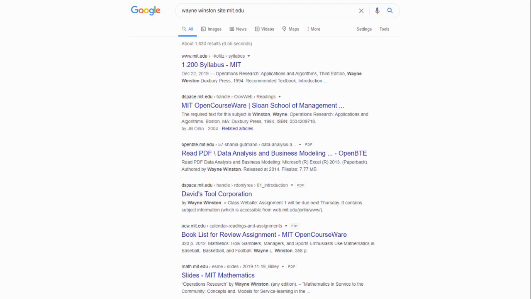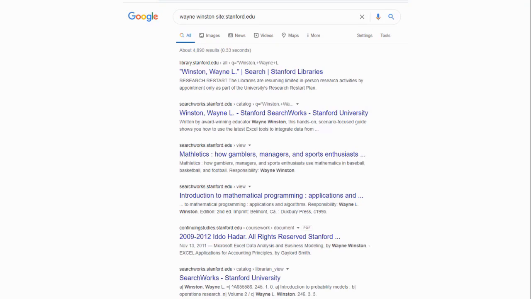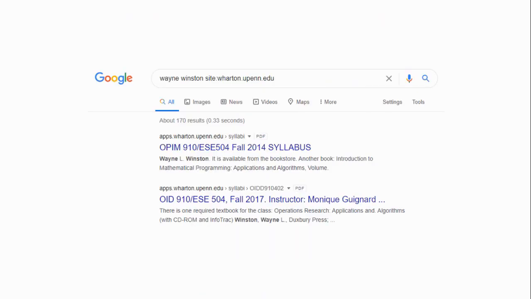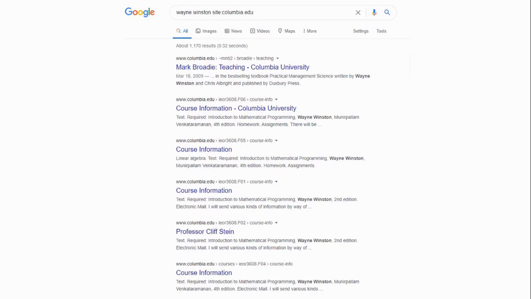But let's keep going. Let's not stop there, right? So Stanford is using his stuff, and I'm going to go a little bit faster just because there are a lot of universities here. So Stanford, right? You can see Wharton, which is a really popular finance school. If you're not familiar with it, has used this stuff at least a couple years ago. They did, and then you have Columbia in New York is using his books.